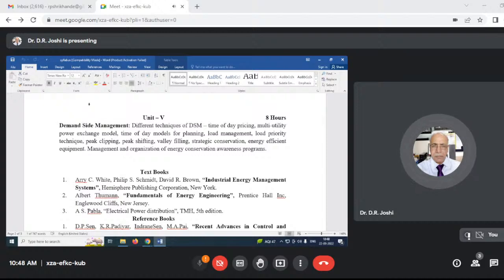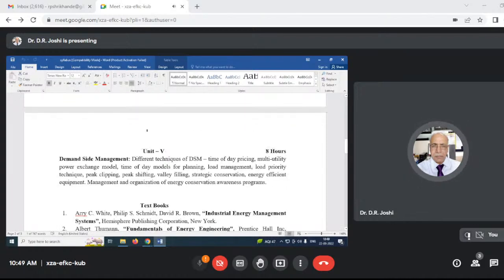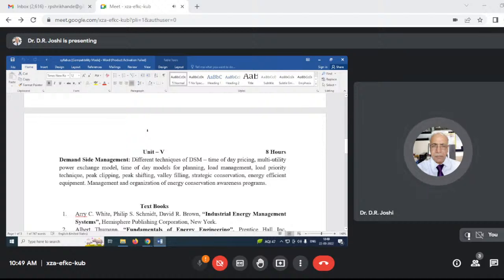This is totally theoretical and not difficult. To tell you overall about the subject and the mode of question paper setting, around 30% is numerical problems and 70% is theoretical. And you can score very well in this subject.